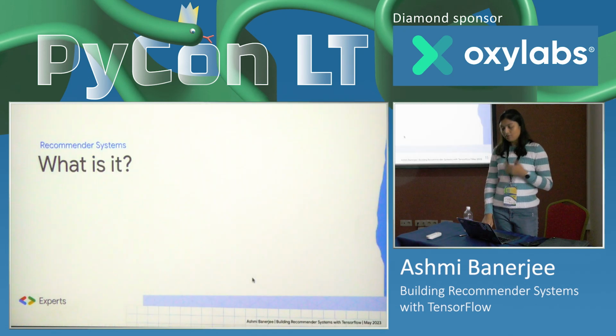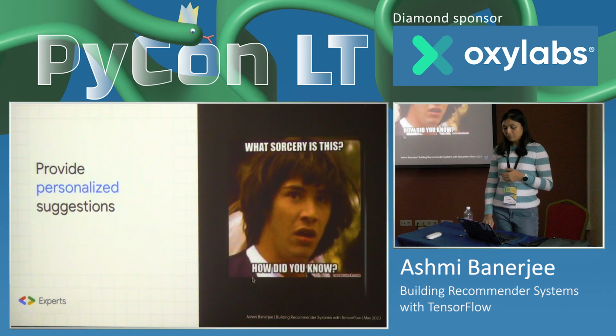So now we have been talking a lot about the applications of recommender systems, but that brings us to the question, what exactly are they? Recommender systems provide personalized suggestions.